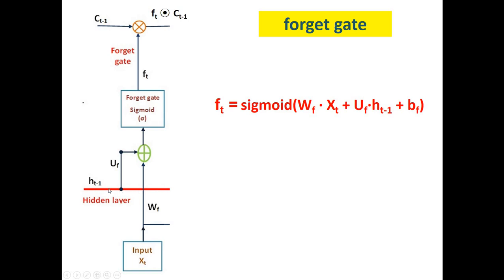From the hidden layer HT minus 1 comes, it gets added up, goes through a sigmoid function, and produces this output. That is called a forget gate.